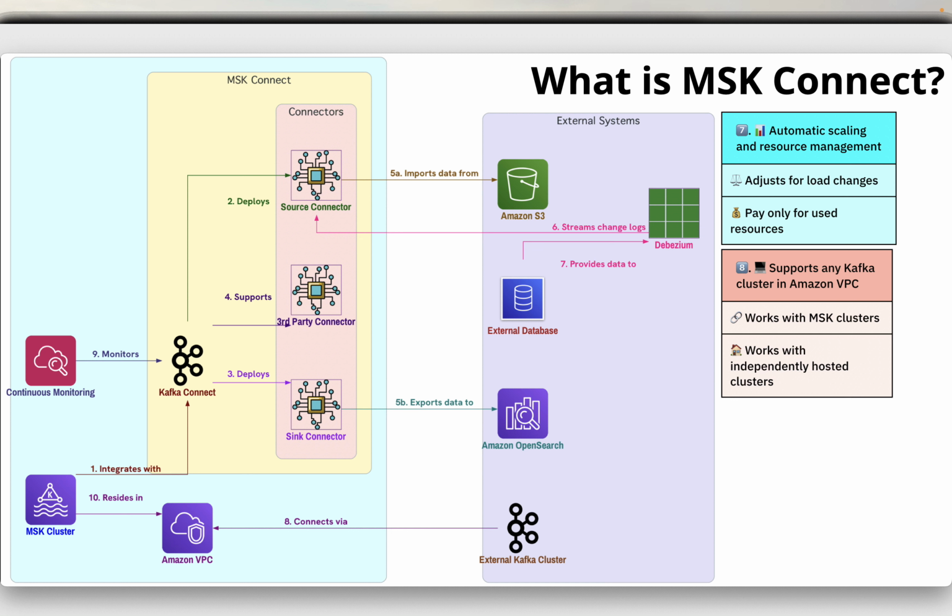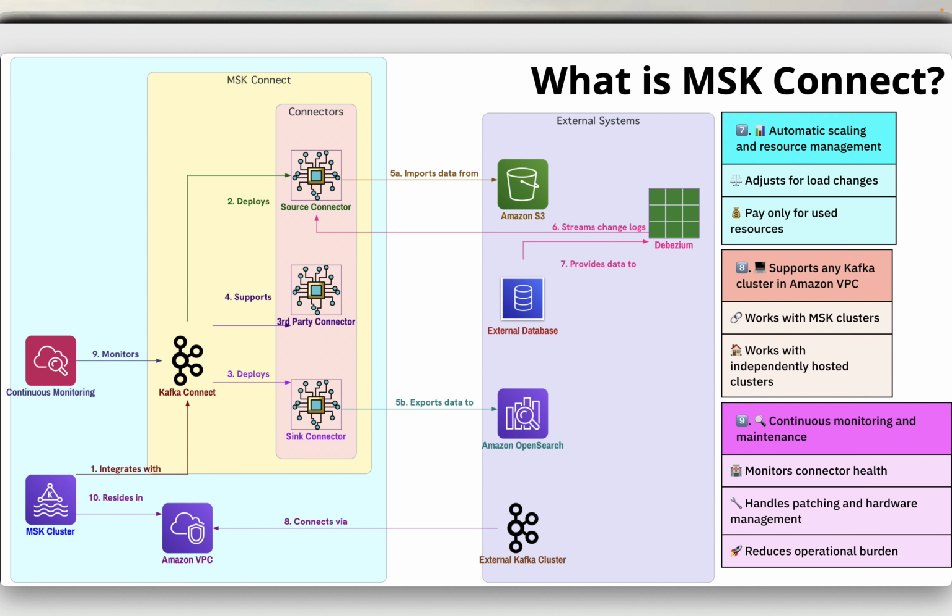This includes both MSK clusters and independently hosted Apache Kafka clusters, providing versatility in deployment options. MSK Connect continuously monitors connector health and delivery state. It also handles patching and management of the underlying hardware. This reduces the operational burden on your team and ensures the reliability of your data streaming processes.